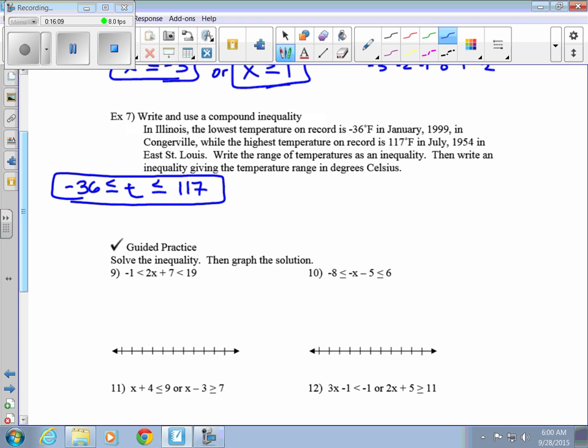Now, the next part of the question says, then write the inequality given the temperature range in degrees Celsius. So we need to know what the conversion is from Fahrenheit to Celsius.